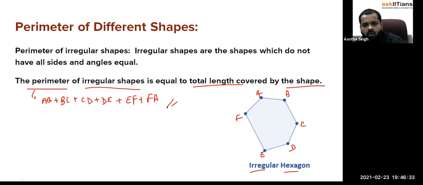Just add all the sides of your polygon, regular or irregular. Perimeter is basically adding all the lengths across the boundary. For the perimeter of any shape, just add all the lengths.